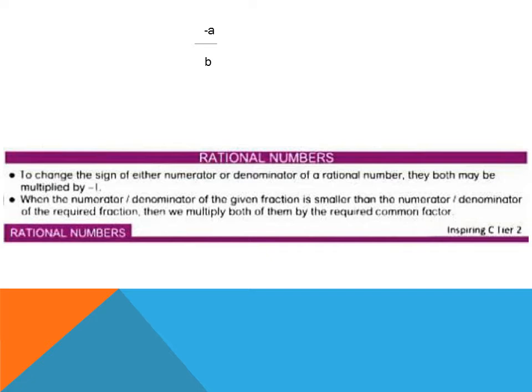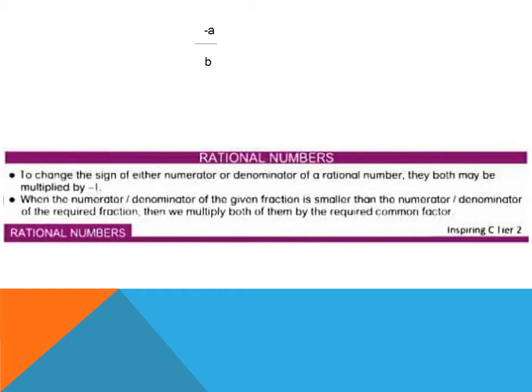But we have already learned how to find an equivalent fraction in your last class, that means in the last year. So in the same way you have to do it in rational numbers also. That means to find the equivalent rational number, if you are multiplying or dividing the numerator with a certain number, you have to multiply or divide the denominator with the same number.